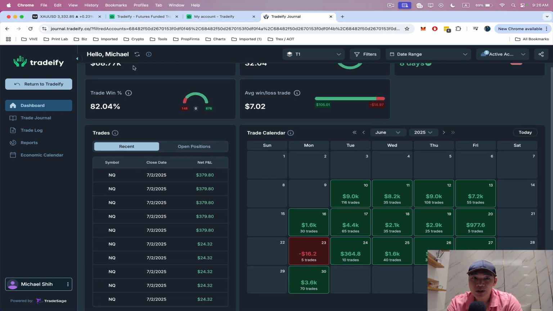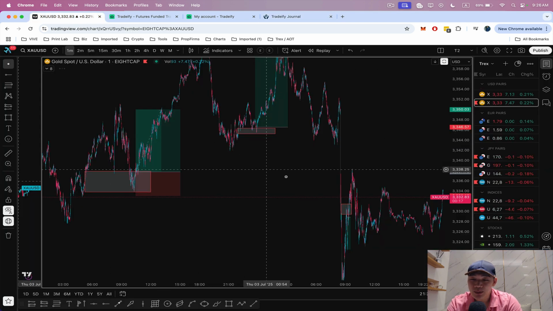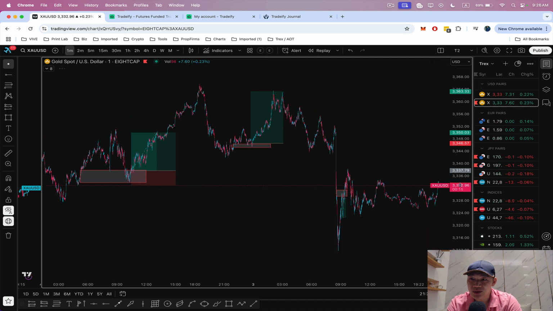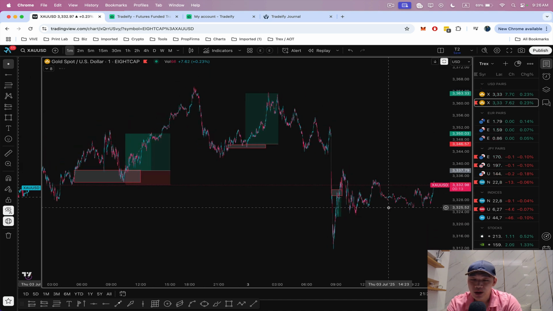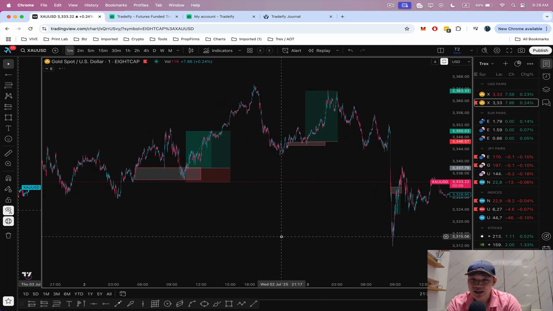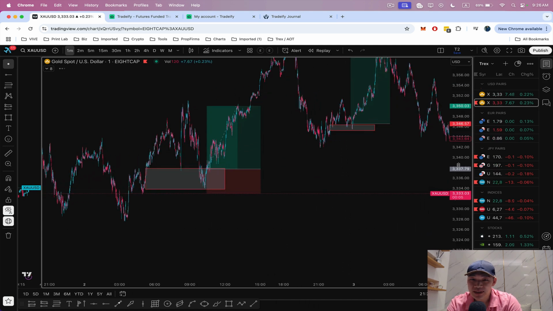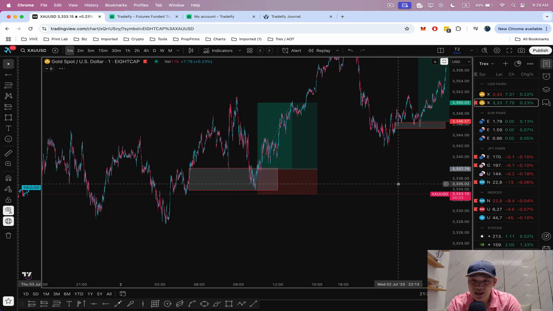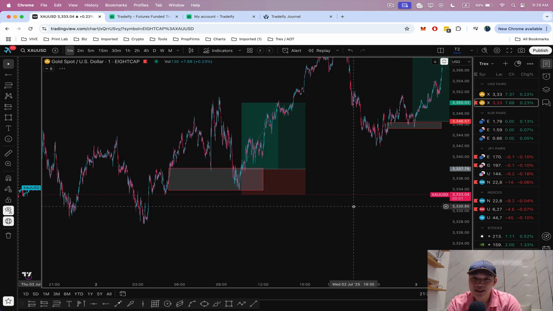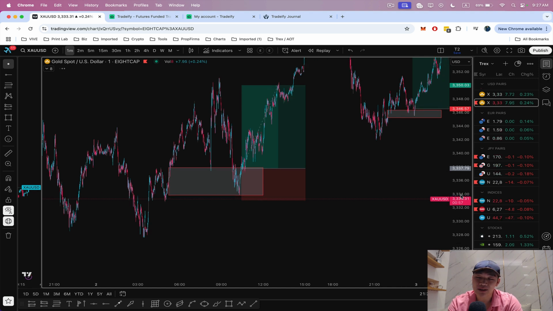Now, if we go to TradingView, some of the positions for the last couple of days, what I took was more buys than sells recently, just because gold has been pretty bullish. And on these 2 positions, right, it was pretty easy. If you haven't seen my Asian session bullet train video on YouTube, you can go ahead and check that out.